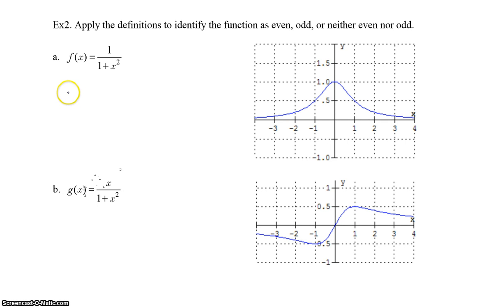If we evaluate f at minus x, that is at the opposite value of x, we would have 1 over 1 plus minus x squared. But if you square minus x, that's just the same as x squared.